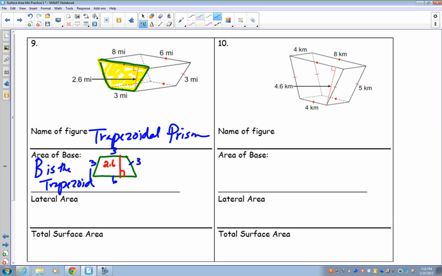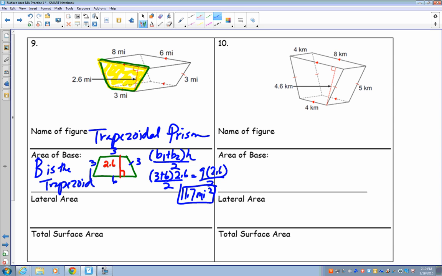To find the area of the trapezoid, the formula is base 1 plus base 2 times the height divided by 2. Our bases are 3 and 6, so 3 plus 6, times the height 2.6, divided by 2. So we have 9 times 2.6 divided by 2. You'll get a decimal answer, and you do not need to round because it terminates. You should get 11.7 units squared.